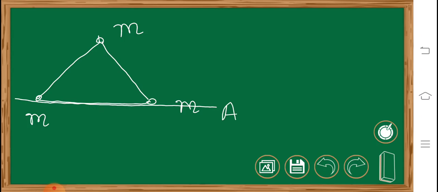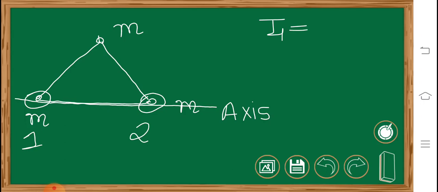So this is the axis of rotation, and we have to find the moment of inertia about this axis. So as we can see, for this particle and for this particle, as both are lying on the axis, if I name this particle as 1 and this particle as 2, so I1 will be equal to 0 and I2 will be equal to 0.